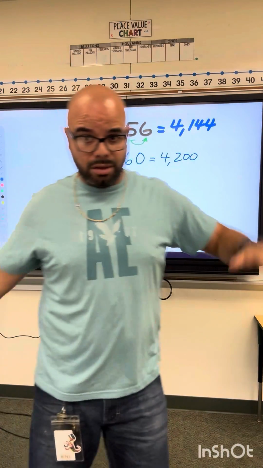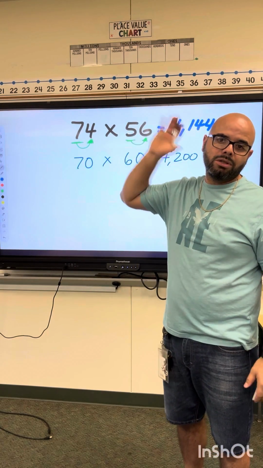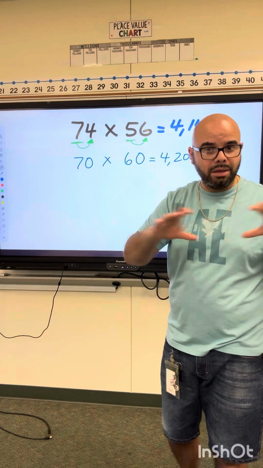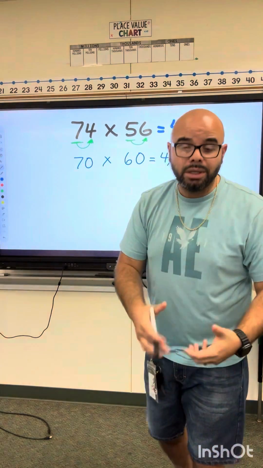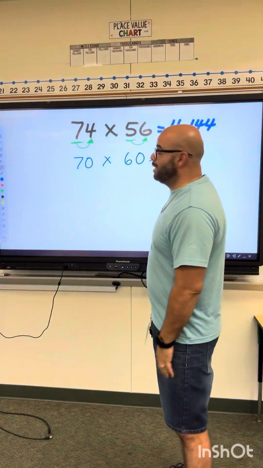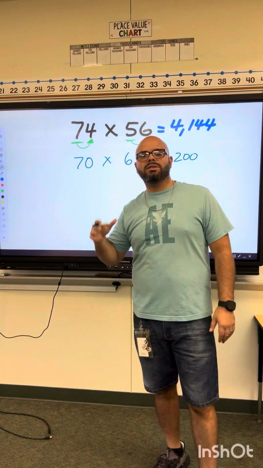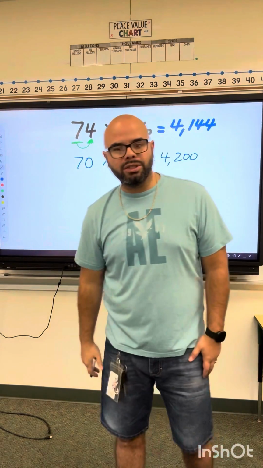Now this, again, is completely separate from the strategies that I showed you. The strategies that I showed you are to get an exact product. Okay, you're multiplying and you're getting an exact product. Now there are going to be questions in the test and in the quiz that are going to tell you to estimate a product, or choose the appropriate estimated equation.